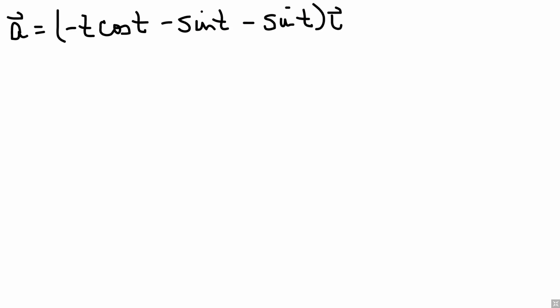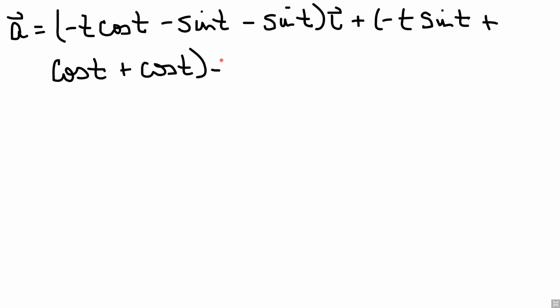If we take the derivative of the velocity, we end up with negative t cosine of t minus sine of t minus sine of t in the i direction, plus negative t sine of t plus cosine of t plus cosine of t in the j direction, plus 2 in the k direction.